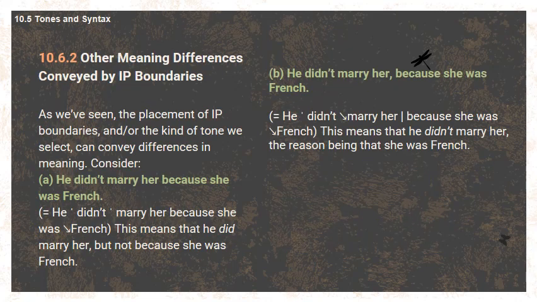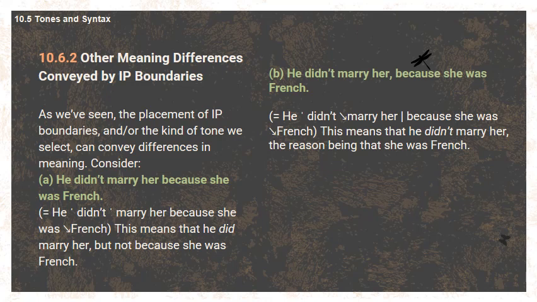Other meaning differences conveyed by IP boundaries. As we have seen, the placement of IP boundaries and/or the kind of tone we select can convey differences in meaning. Consider A. He didn't marry her because she was French.